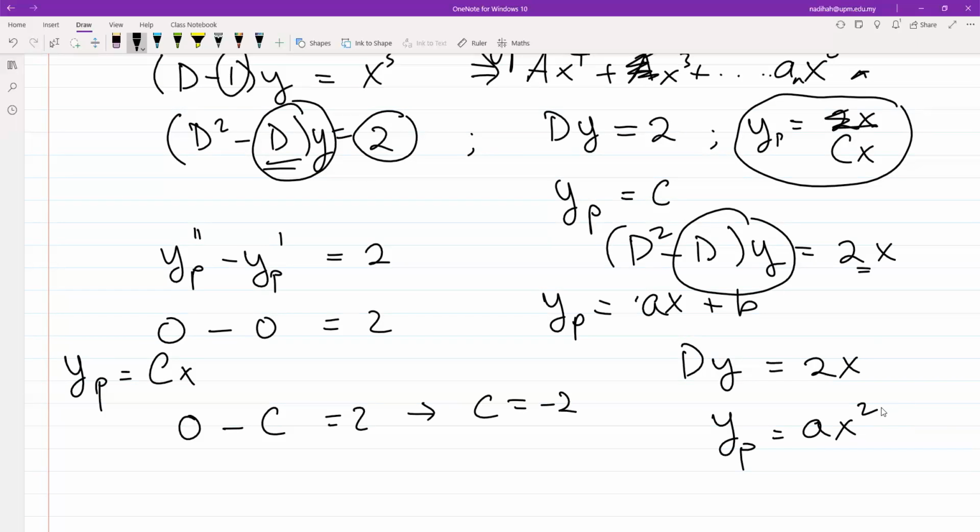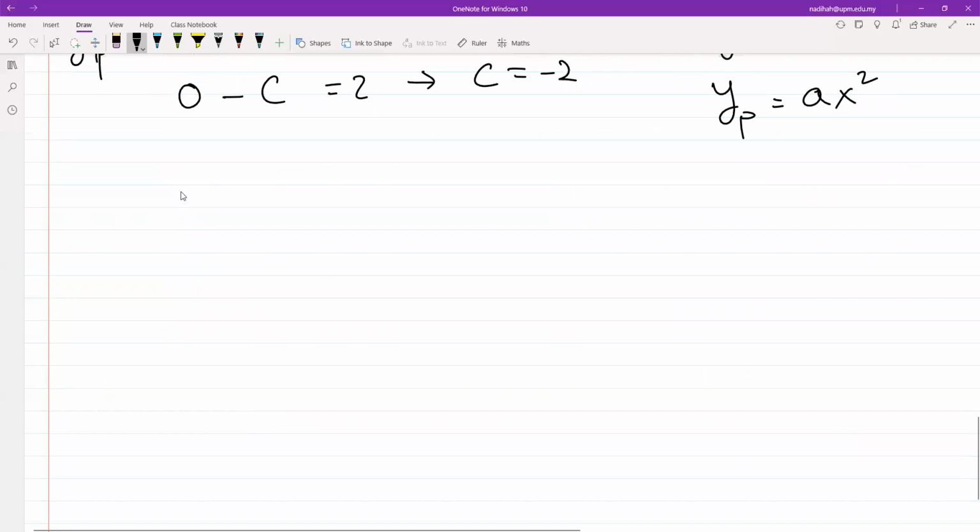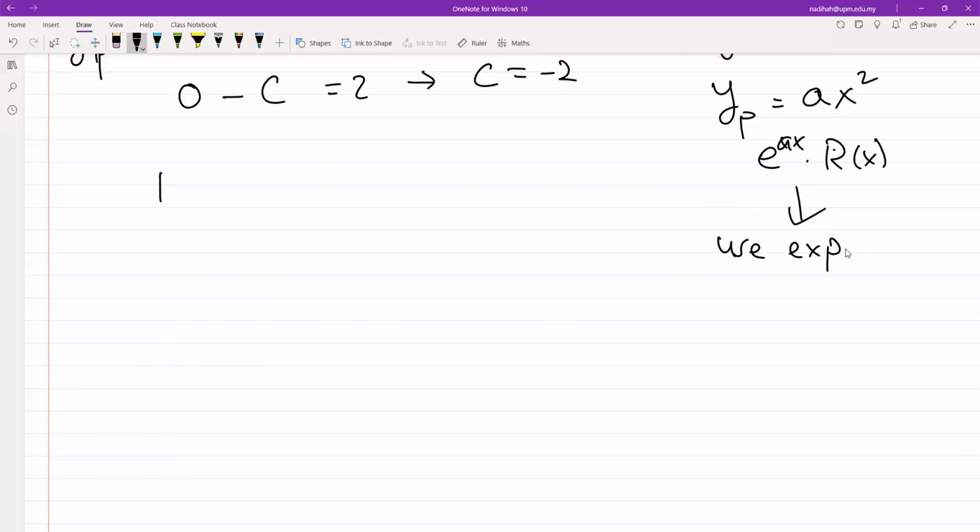Boleh tu? Dapat tak? Contoh satu lagi, kalau saya ada, ini mungkin senang sikit sebab dia ada dua. Yang ni untuk yang ringkas je lah. Contoh yang macam, kalau yang saya dapat right hand side yang macam tadi, e to the ax darab rx. Yang ni kena guna, kalau dalam kes ni, use exponential shift dulu.